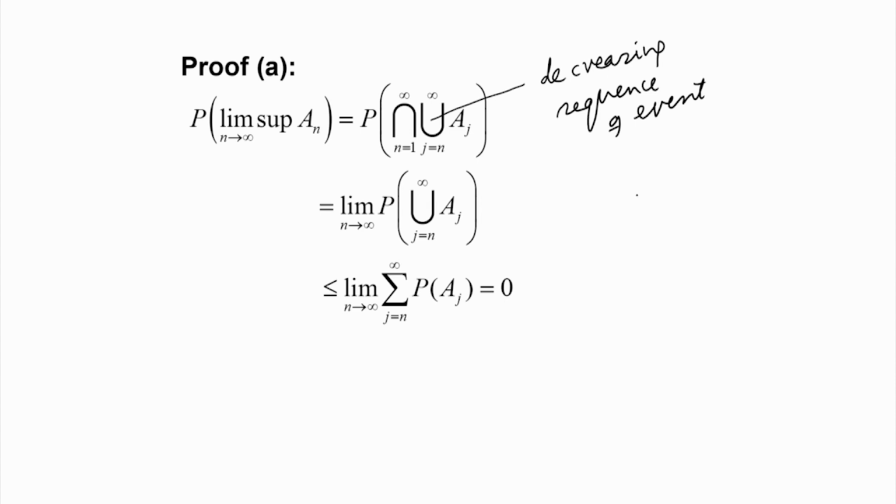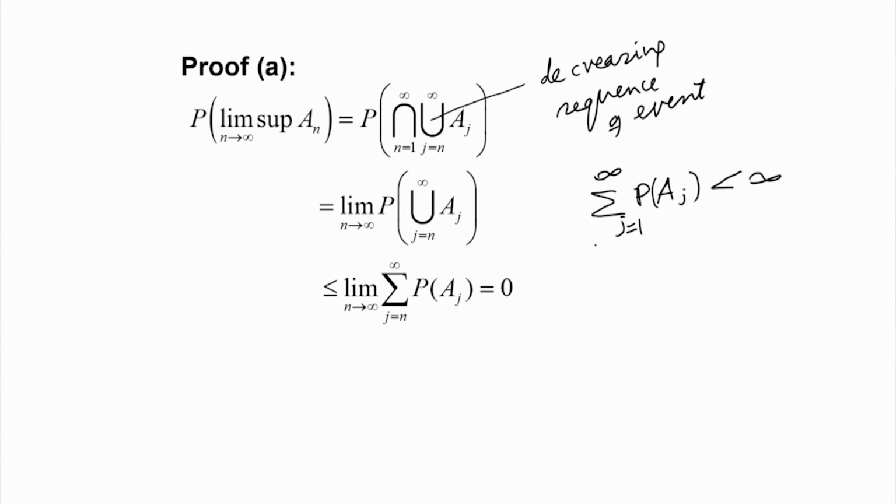Now, we are given that the summation of P(A_j), j going from 1 to infinity is convergent, it is less than infinity.